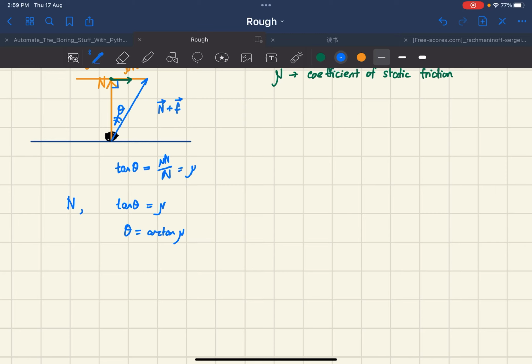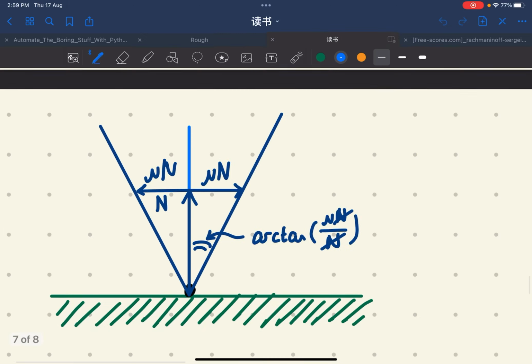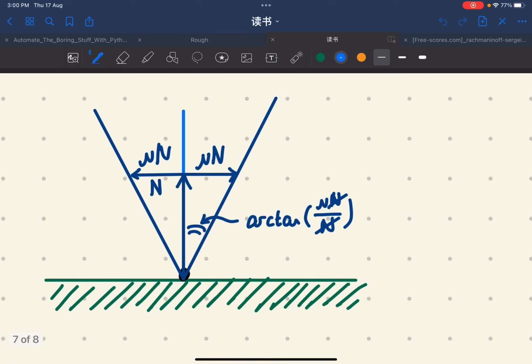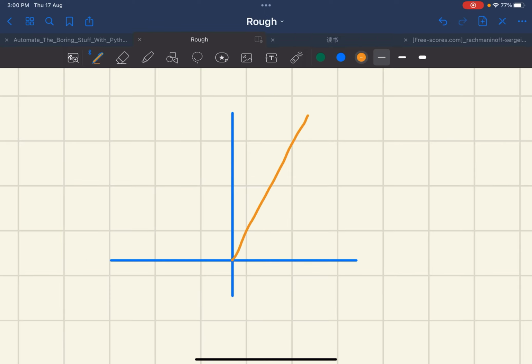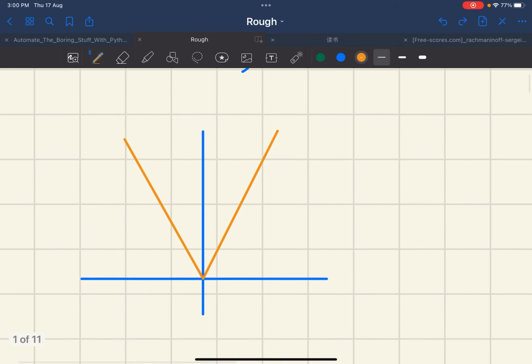Here's a diagrammatic way of representing this. So here's arctan μ. I drew two lines like so. These two angles are arctan μ, or θ.